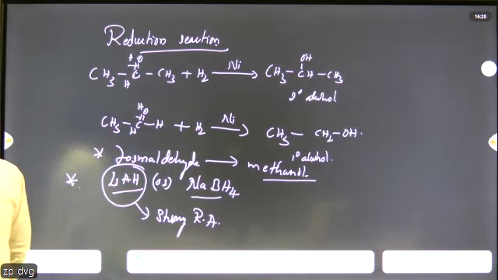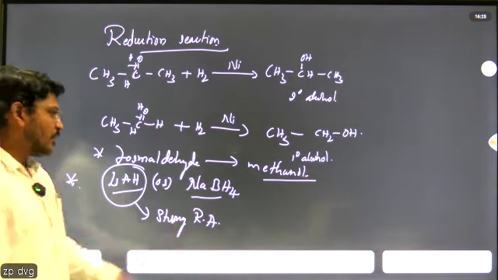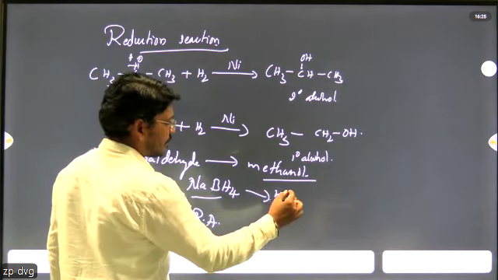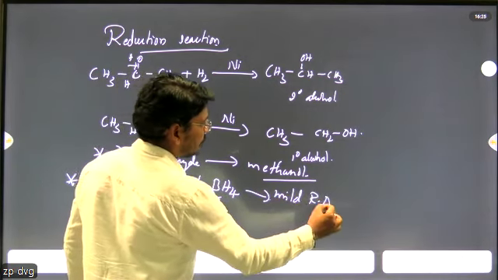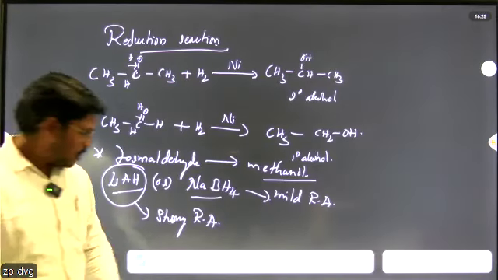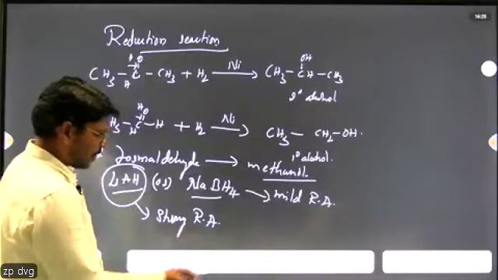So what is the use of this lithium aluminum hydride? This one acts as a strong reducing agent. But compared to lithium aluminum hydride, sodium borohydride is a mild reducing agent. Then let us discuss the use of lithium aluminum hydride as well as sodium borohydride. Compulsorily, whatever aldehydes or ketones are there, these aldehydes and ketones undergo reduction to form the respective alcohols.